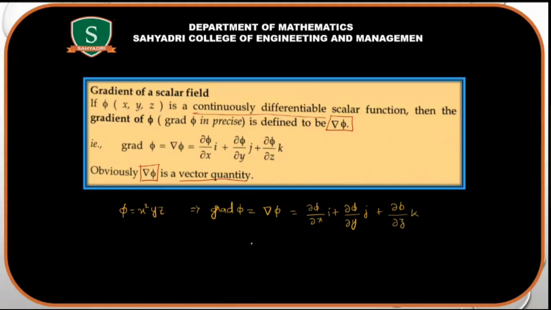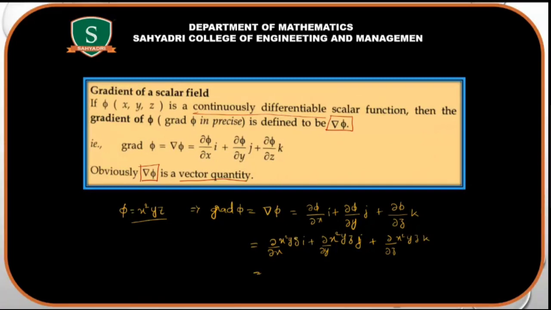So you need to apply phi to each and every term in that operator. If you apply it, what do you get? Dou by dou x of x square yz i plus dou by dou y of x square yz j plus dou by dou z of x square yz k.